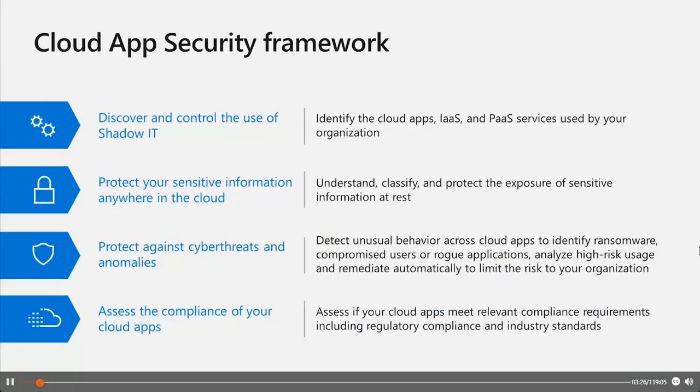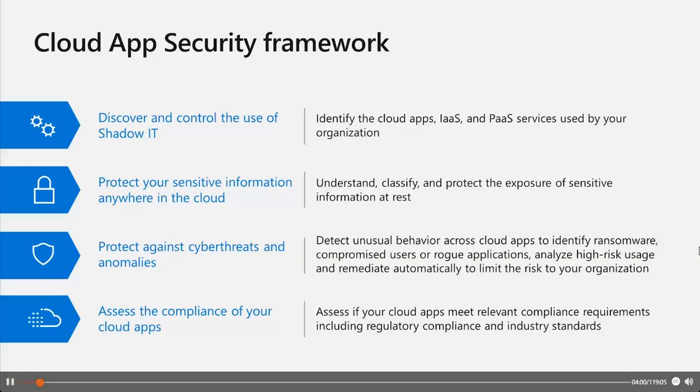Let's jump into the first feature set, the Microsoft Cloud App Security. That is a cloud access security broker that supports various deployment modes, including, for example, log collection, API connectors, and reverse proxy. It basically provides rich visibility and control over data travel and sophisticated analytics to identify and combat cyber threats across all your Microsoft and third-party cloud services.